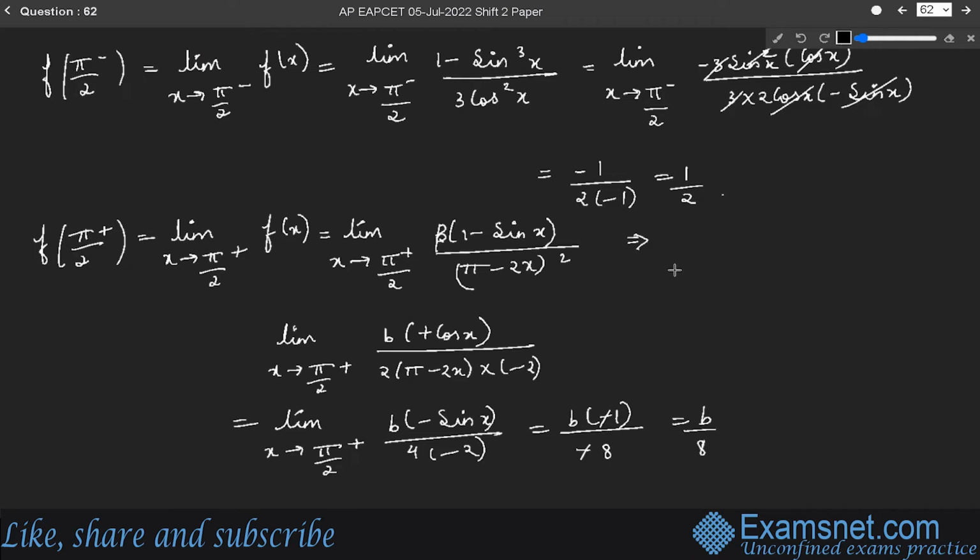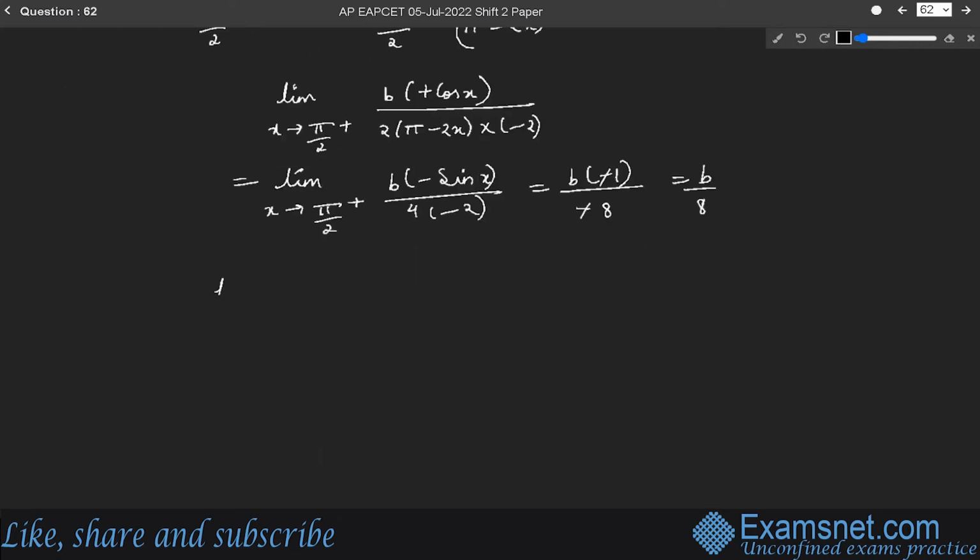Since this function is continuous, it means that f of pi by 2 minus will be equal to f of pi by 2 plus. We know that f of pi by 2 minus is 1 by 2. So 1 by 2 is equal to beta upon 8. See, again, this is beta, not b, because in the question, beta is given.